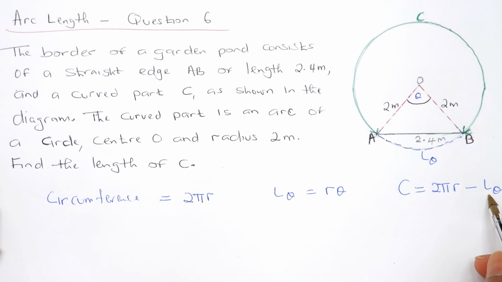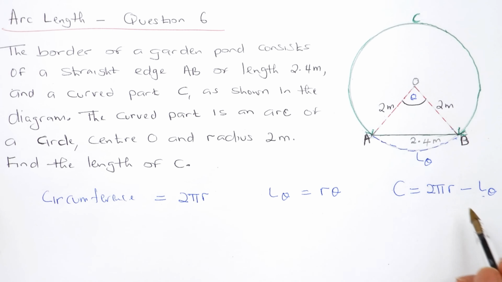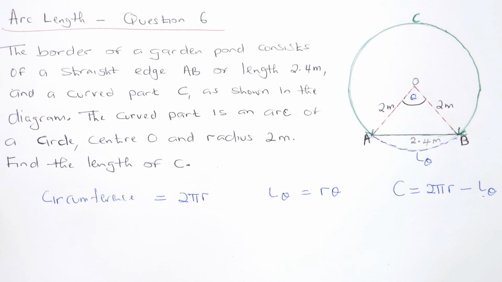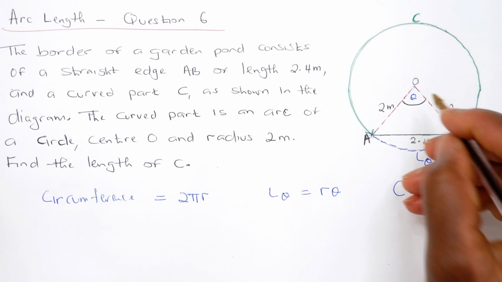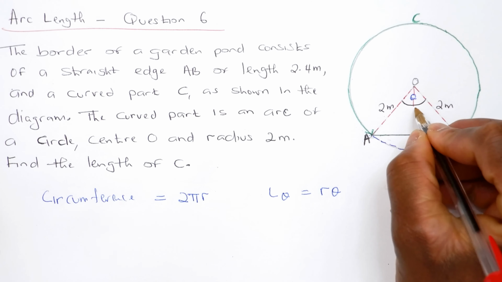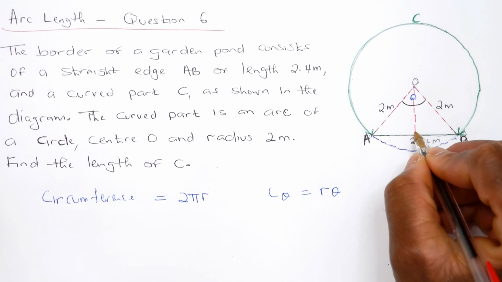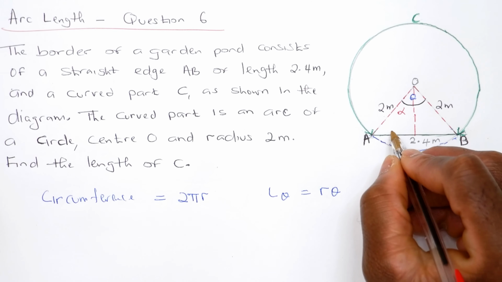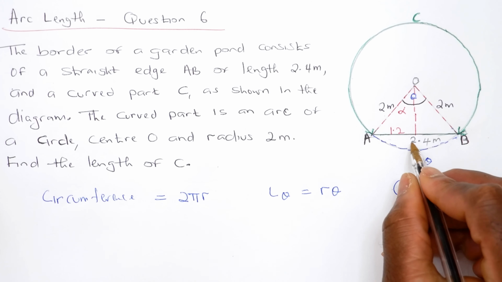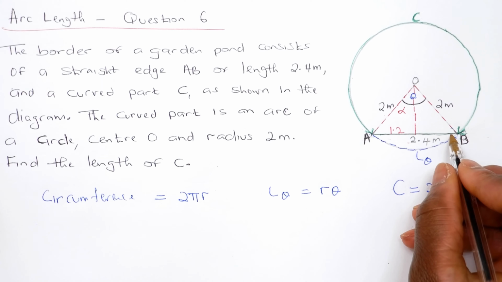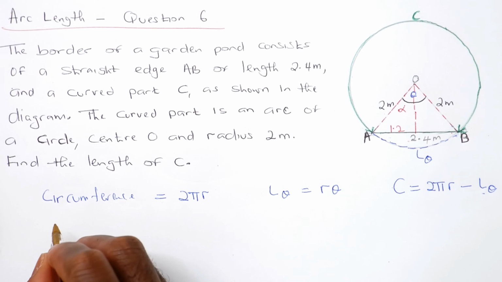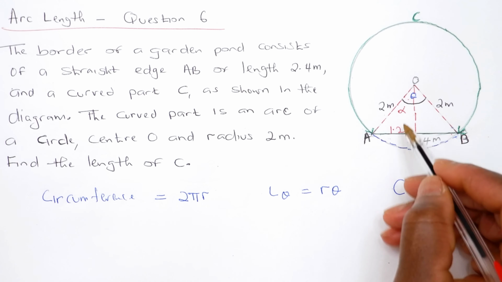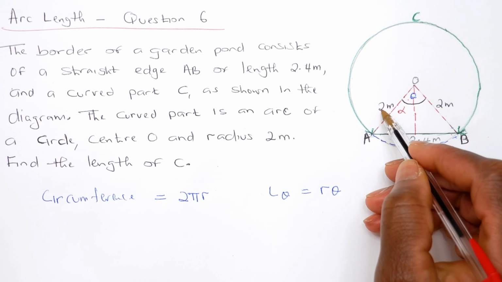In order to do that, I need to find that angle theta. To find the angle theta, I could divide that length into 2, divide the angle into 2, and call that alpha. And this length will be 1.2, because 2.4 is the whole length. At this point, I could use sine. Sine is opposite over hypotenuse.